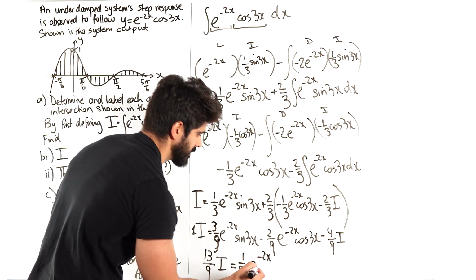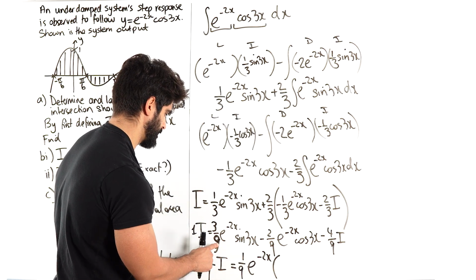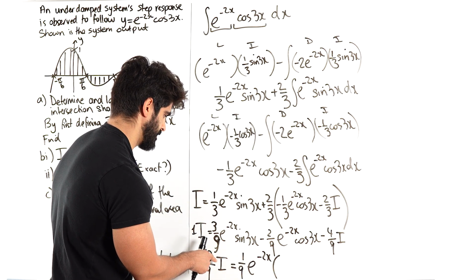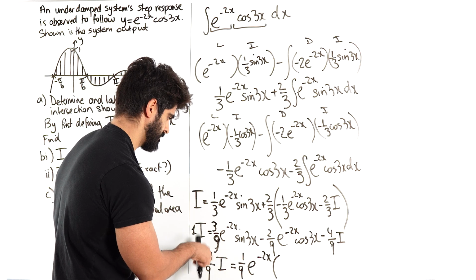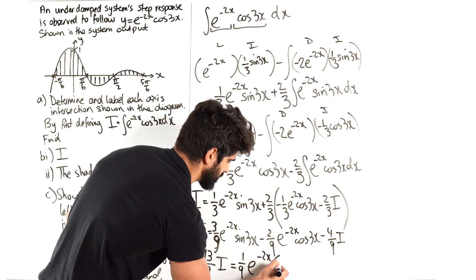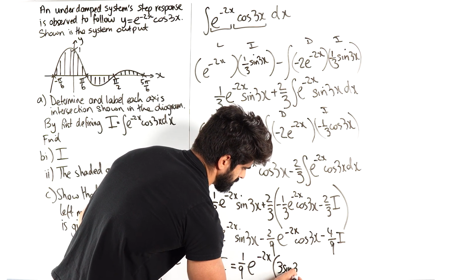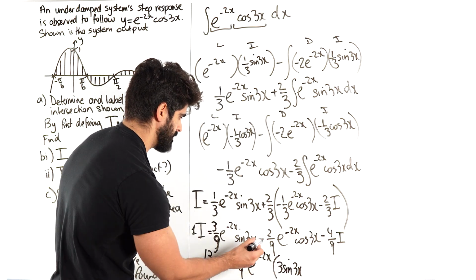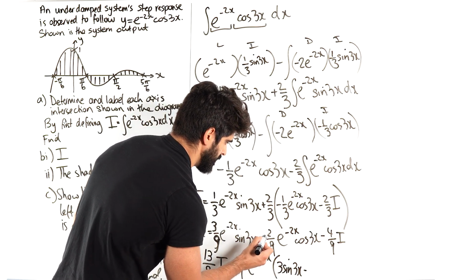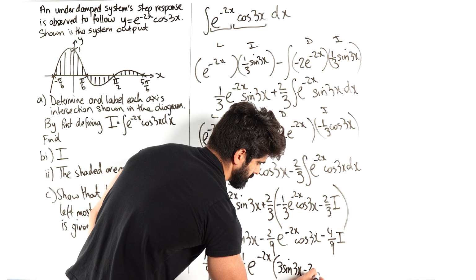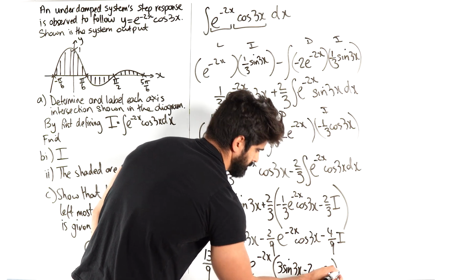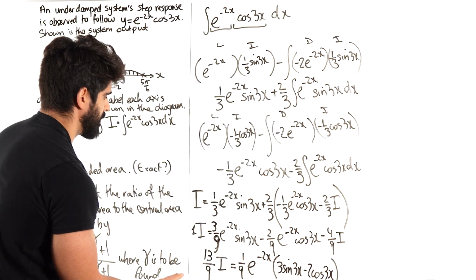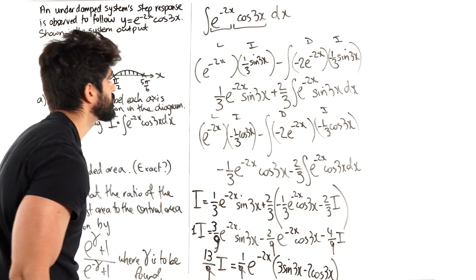So I'll be left with that, and that, 3 sin 3x minus 2 cos 3x. Don't forget the plus c.